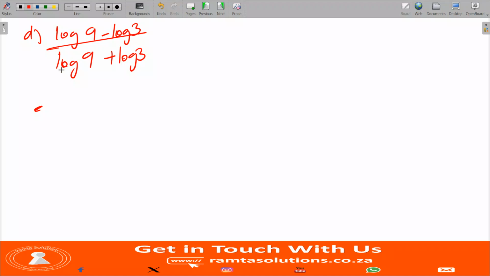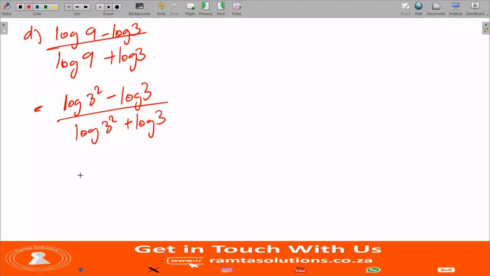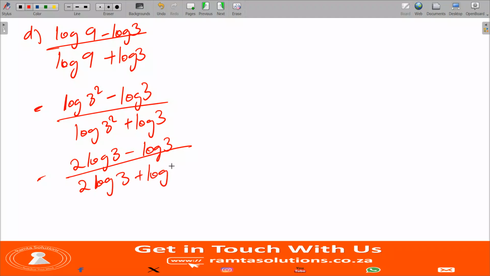It's 3 squared, isn't it? Good. So this will become log 3 squared minus log 3 over log 3 squared plus log 3. What is this? This is now 2 log 3 minus log 3 all over 2 log 3 plus log 3.